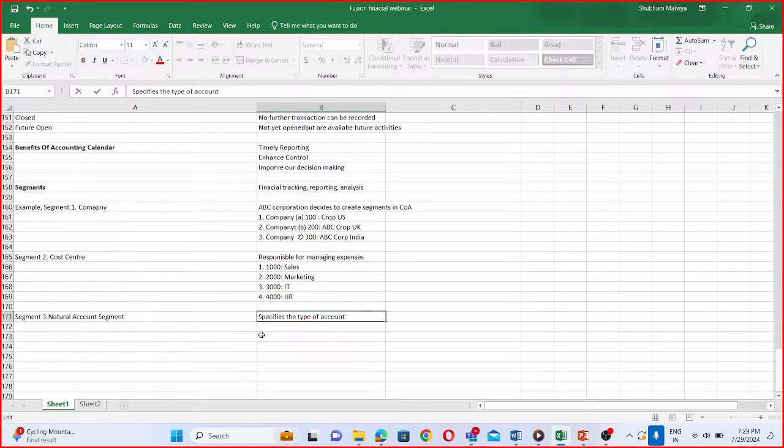For example, whether it is a cash account, we can give a code.